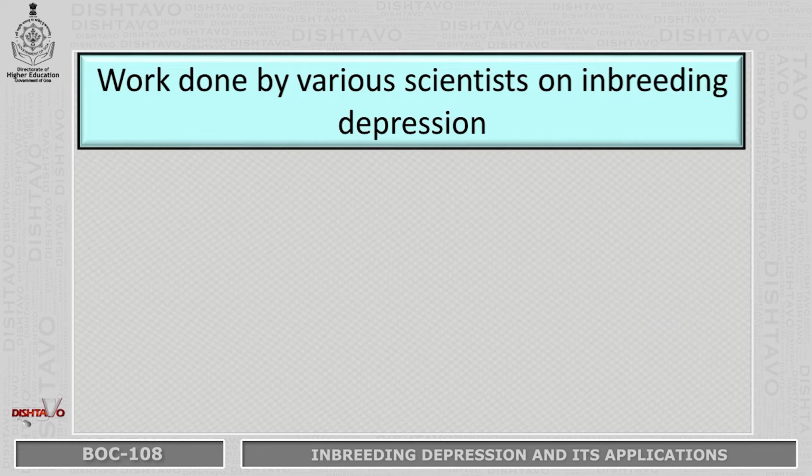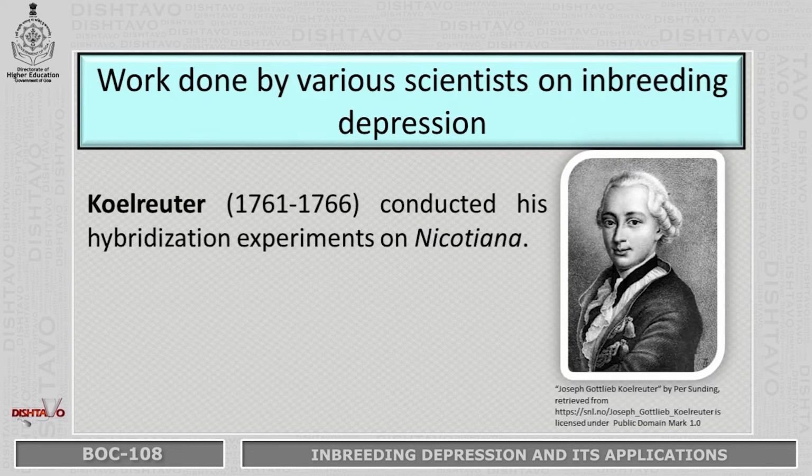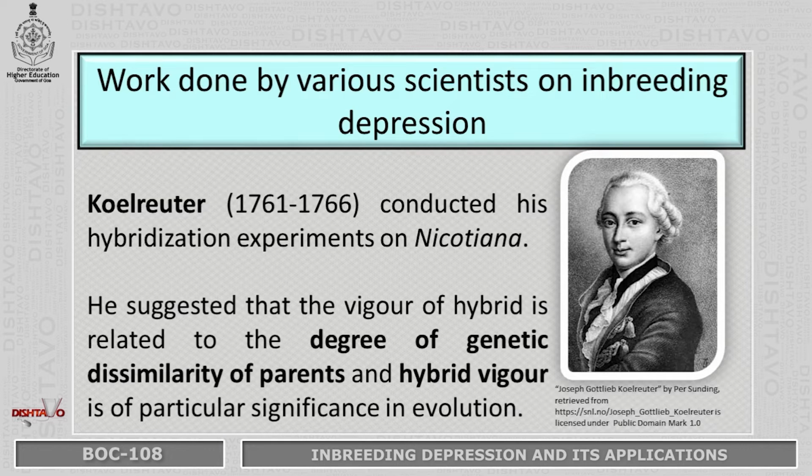Now let us see some of the work done by various scientists on inbreeding depression. Kohlreuter conducted his hybridization experiments on Nicotiana, that is, tobacco. He suggested that the vigor of hybrid is related to the degree of genetic dissimilarity of parents, and hybrid vigor is of particular significance in evolution.